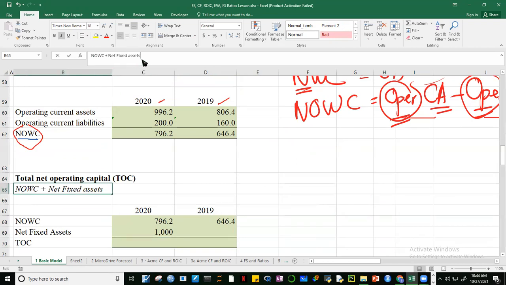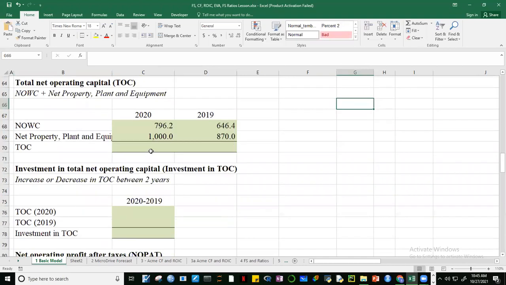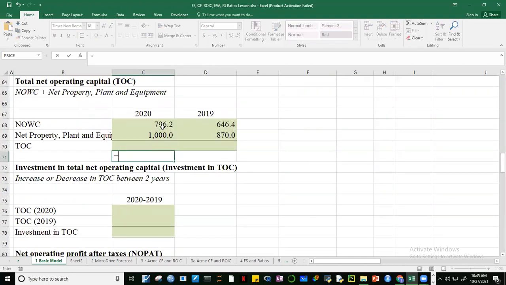Let's call it, just to be consistent, net property, plant, and equipment, consistent with the account being used. I'll also copy this to the right. Therefore, guys, our total operating capital is equal to the sum of the two.